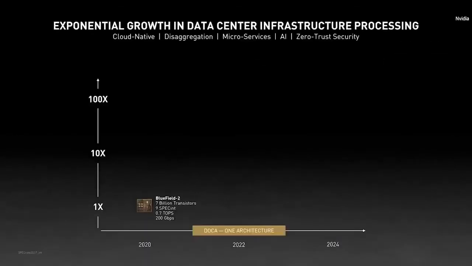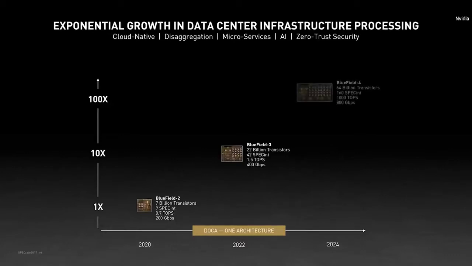We're on a pace to introduce a new Bluefield generation every 18 months. Bluefield 3 will do 400 gigabits per second and be 10x the processing capability of Bluefield 2. And Bluefield 4 will do 800 gigabits per second and add Nvidia's AI computing technologies to get another 10x boost.